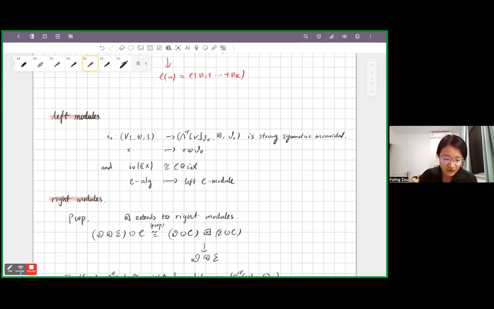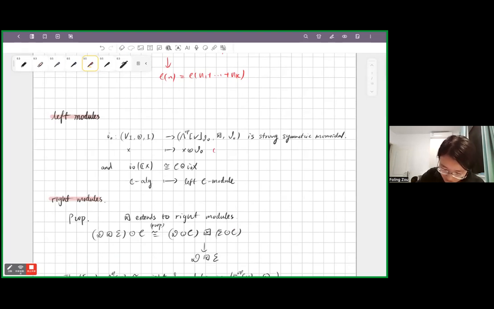So now we have a monoidal category, and we can discuss what are modules in this category over the monoid. Left modules over it have close relation to C algebras. So we can embed the category V into this category of contravariant unitary lambda sequences by sending X to X tensor I0.